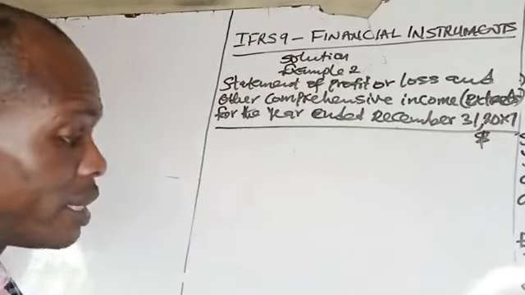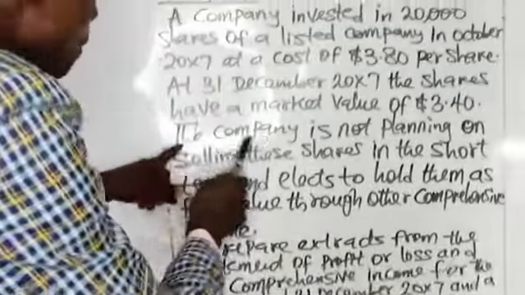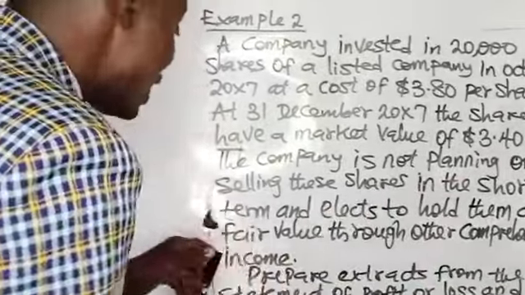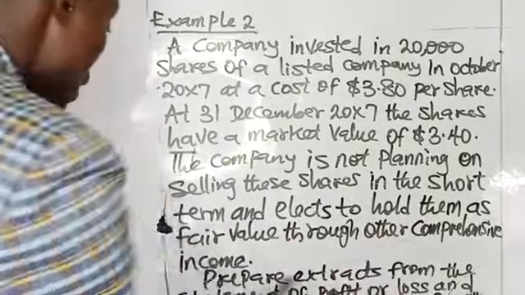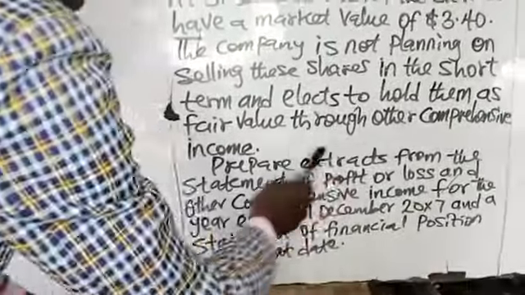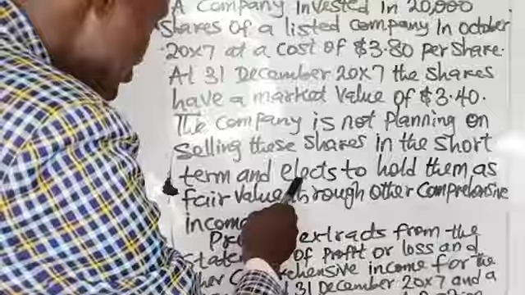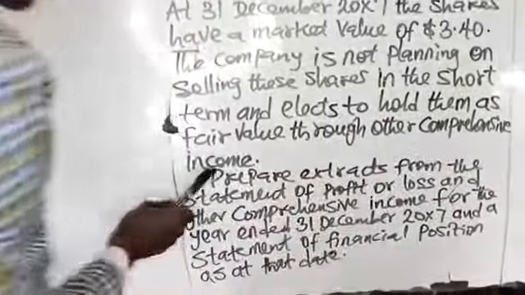Remember this example 2, unlike example 1, you were told the company is not planning on selling these shares in the short term and it is left to hold them as fair value through other comprehensive income. Even if they didn't add this clause, it is left to hold them as fair value through other comprehensive income.